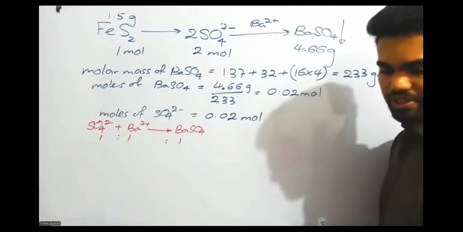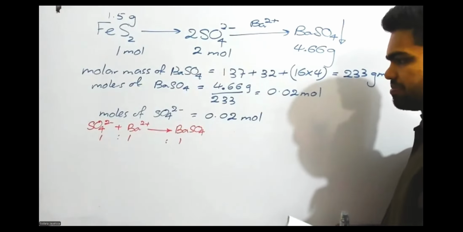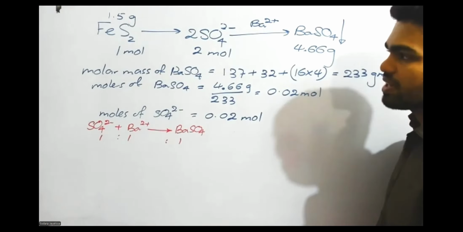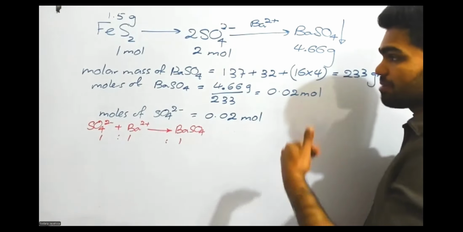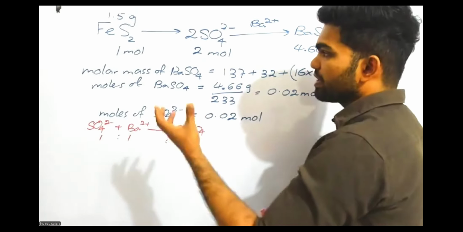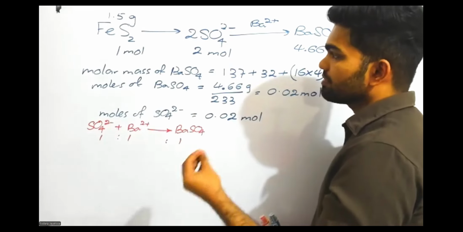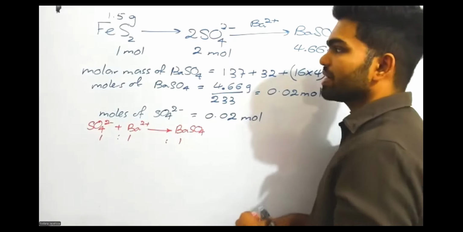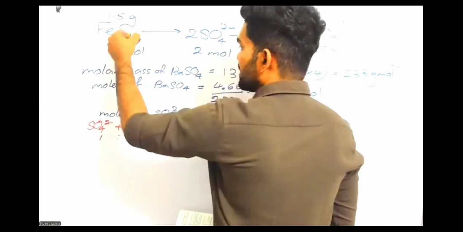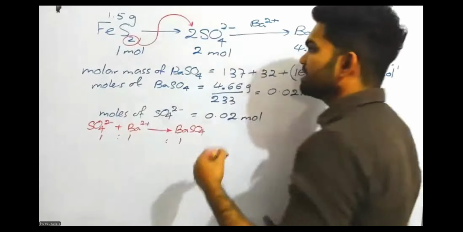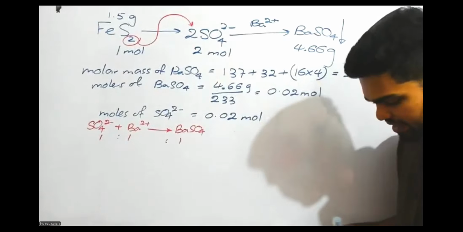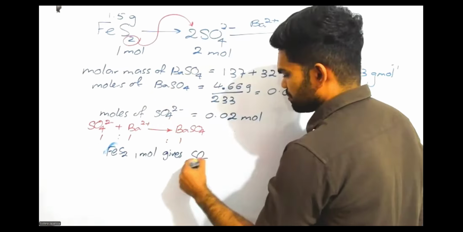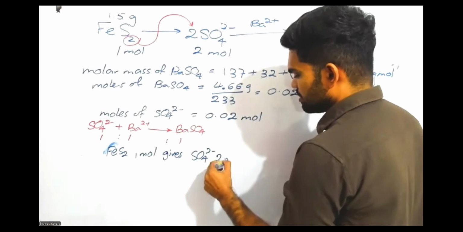Then you can show this relationship. We are not going to write a reaction for the oxidation. So simply write that 1 mole of FeS2 gives you 2 moles of sulfate. That relationship you have to write, because here you have 2 sulfur atoms, and those are giving 2 sulfates. That's the idea: 1 mole of FeS2 gives SO4 2 minus 2 moles.